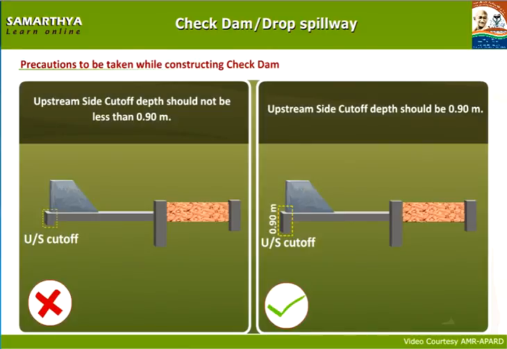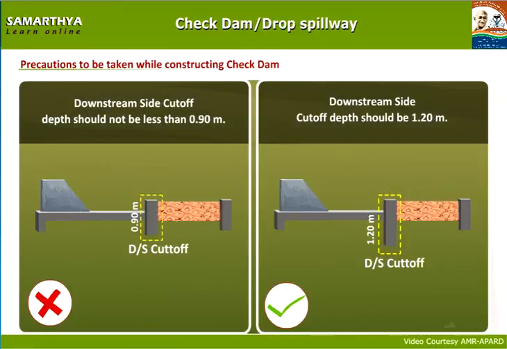Upstream side cutoff depth should not be less than 0.90 meters. It is to prevent water leakage under the body wall when the flow velocity is very high. Upstream side cutoff depth should be 0.90 meters.